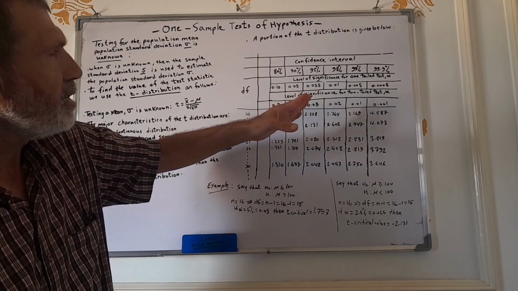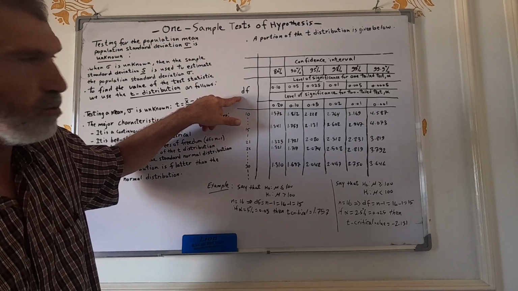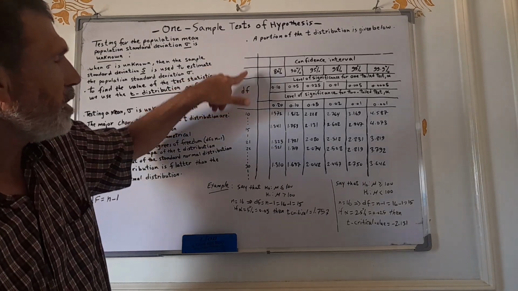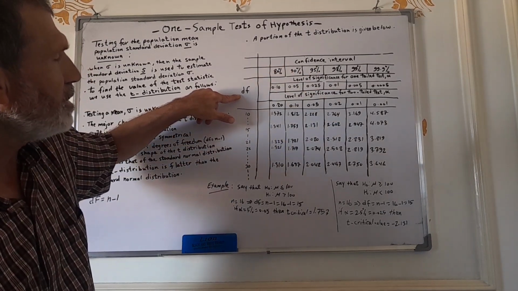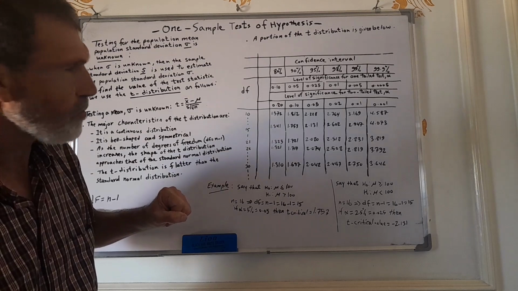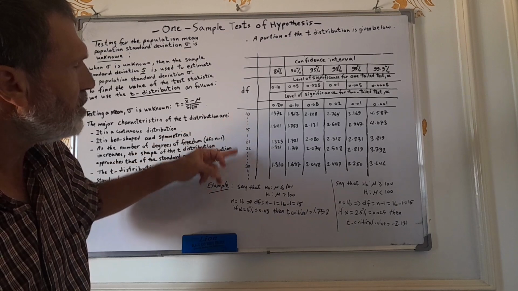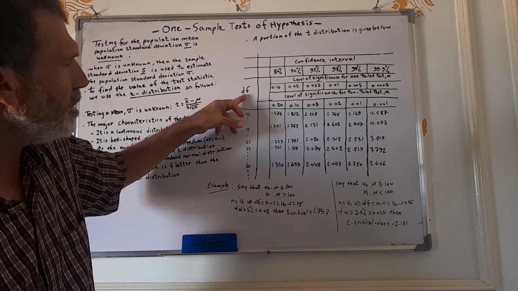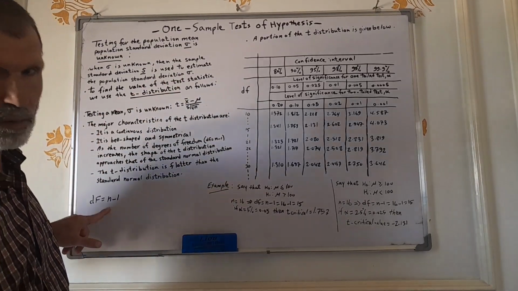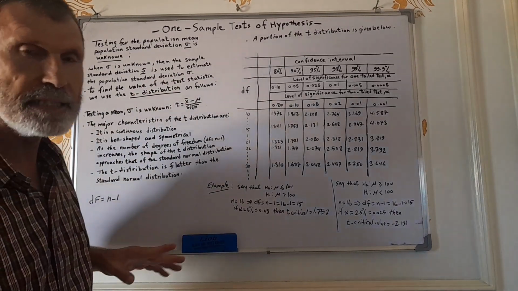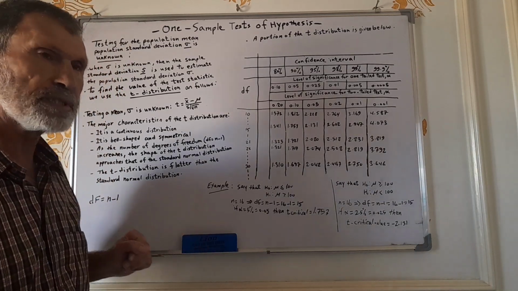Now, this is a simplified portion of the table. As you can see, the far left column of the table is labeled DF, which is degrees of freedom. Here I just put some values of degrees of freedom, and as you can see over here, degrees of freedom is n minus 1, where n is the size of the sample, and we subtract 1 from it.